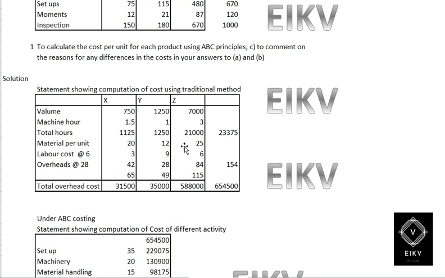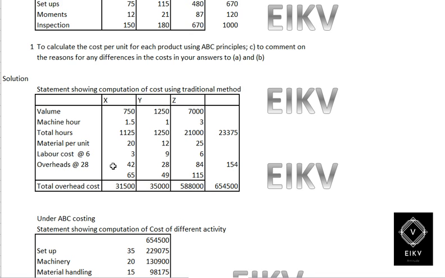Then we have material cost. Material cost will be 2, 12 and 25. The labor rate is 6 per hour, so labor cost will be 3, 9 and 6.